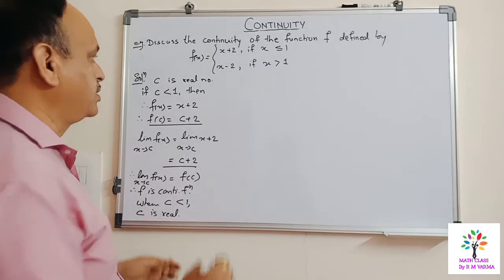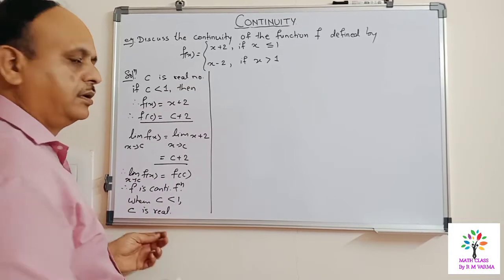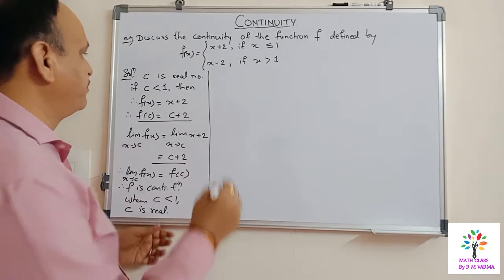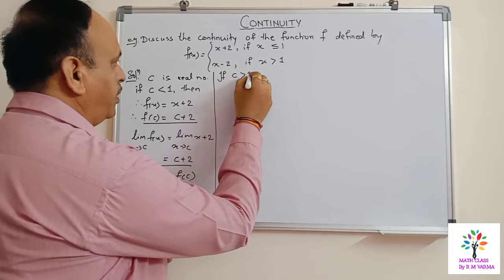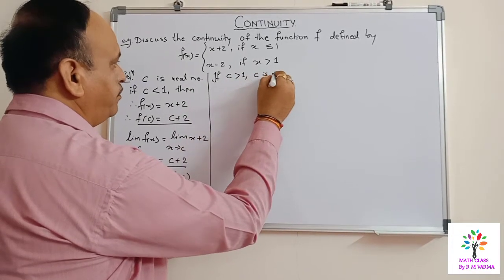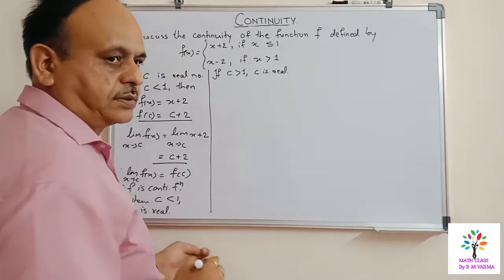So one part I have checked. Another part, now when C is greater than 1, and C is real, what happens? Let us see.